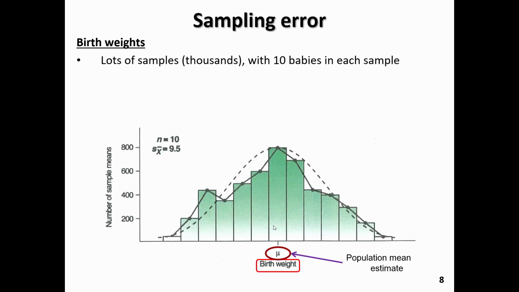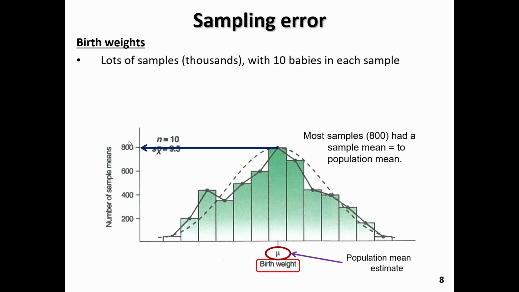Because we have a number of samples here, this is going to be an estimate of the population mean. Now, the peak of this frequency distribution, as you can see in this middle bar, indicates that at approximately 800, we see that the highest number of samples had a sample mean equal to the population mean.